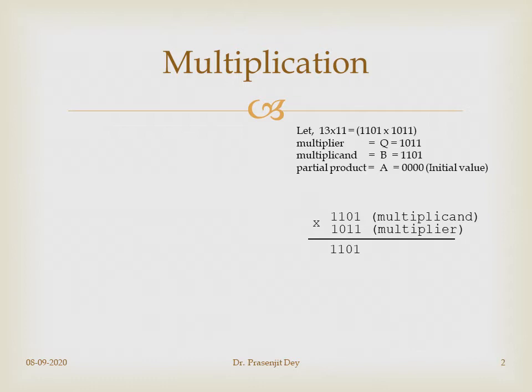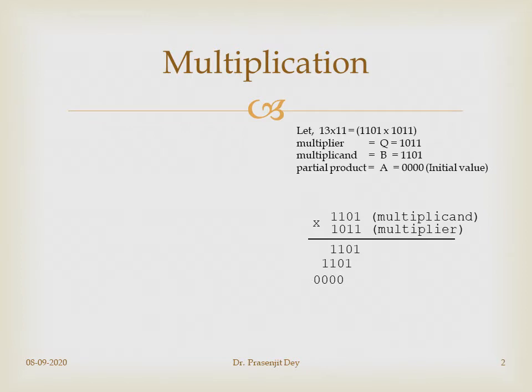Now we shift this one bit to the left, and multiply the multiplicand again with the next LSB of the multiplier, which is again 1. So it will give 1101. Now we consider the next bit of the multiplier, which is 0, and multiplying it with the multiplicand gives us 0000.